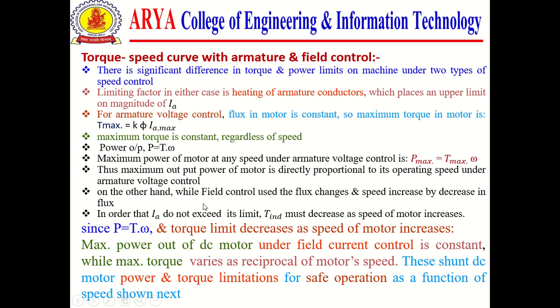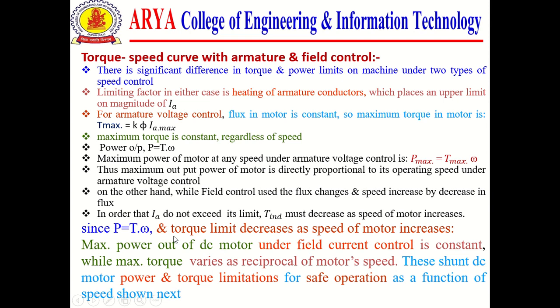On the other hand, field control uses flux change, and speed increases while flux decreases. So in order that armature current does not exceed its limit, the torque induced must decrease as speed of the motor increases.